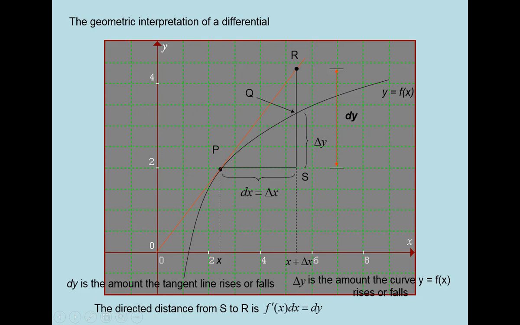So that's what's important here. You have to understand that delta y is the actual change in the y value of the function, and dy is an estimate of the change in the y value using the differential, but that was actually the linearization of the function at x.